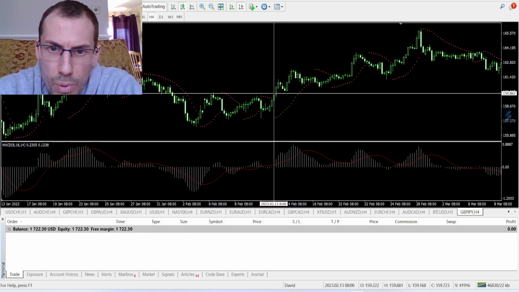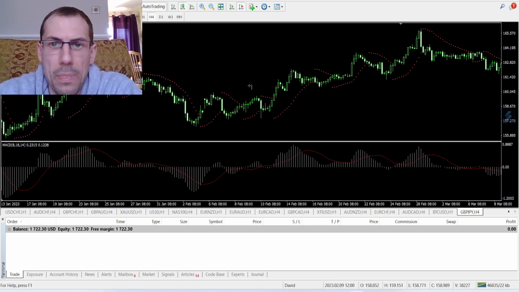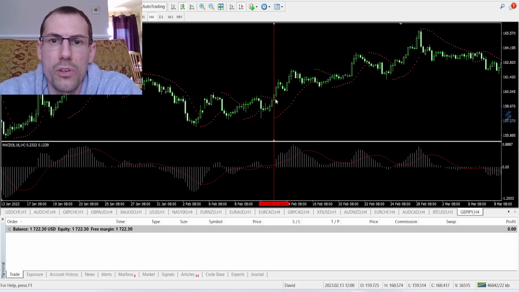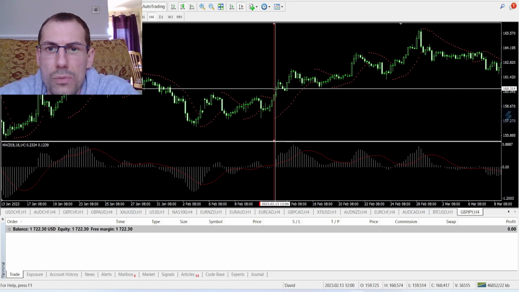If you have the first point and the first bar, this one, no, the next one. First bar, first point. So your entry should be this one here. You have to wait for the candle closes, and this should be your entry. This should be your buy.